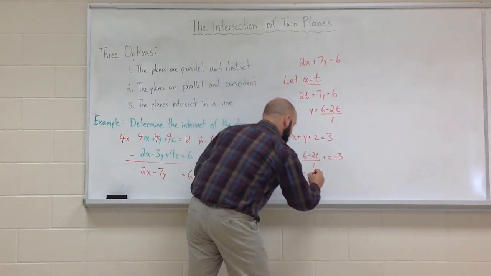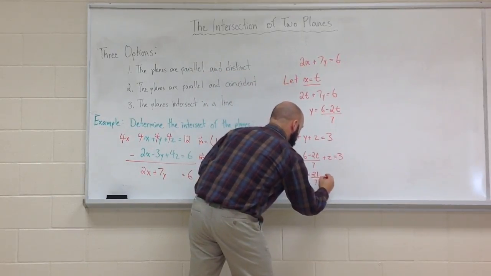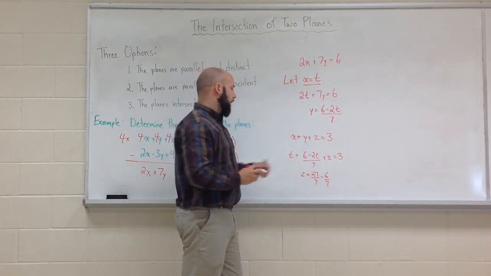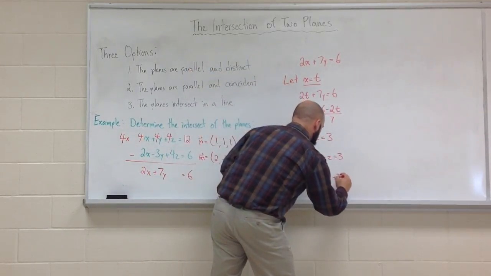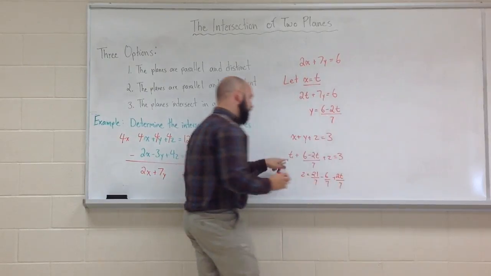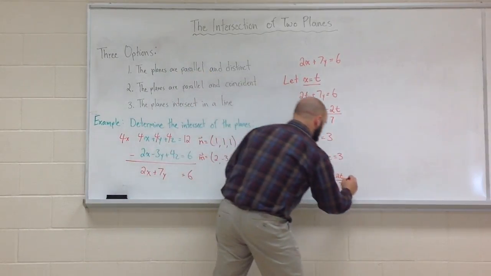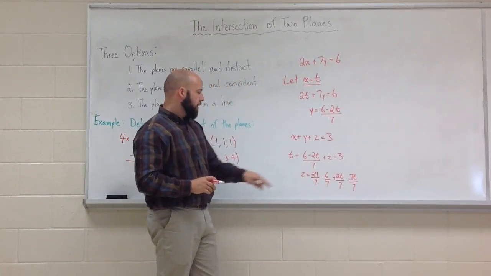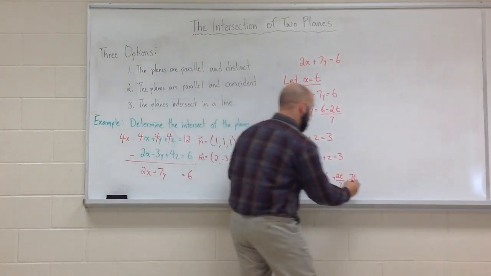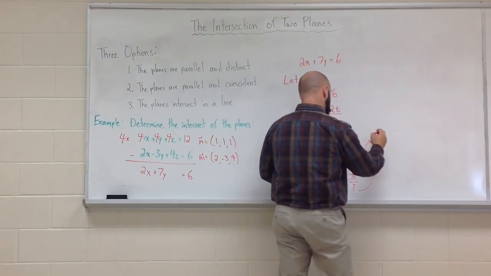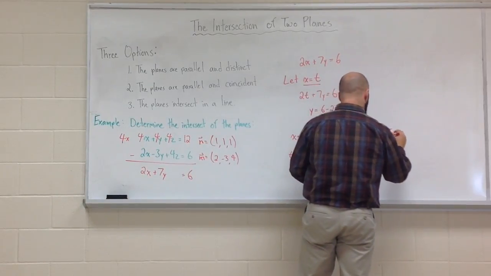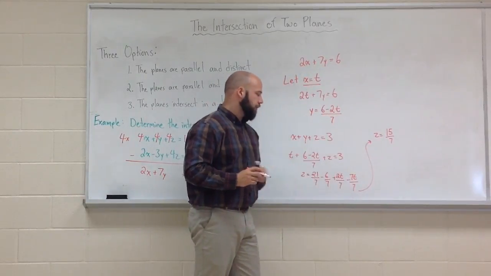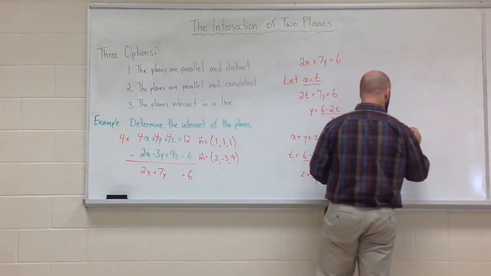So 3 is 21 over 7, minus 6 over 7, plus 2t over 7, and this t will be 7 over 7, minus 7t over 7. So 21 minus 6 will give z equals 15 over 7 minus 5t over 7.